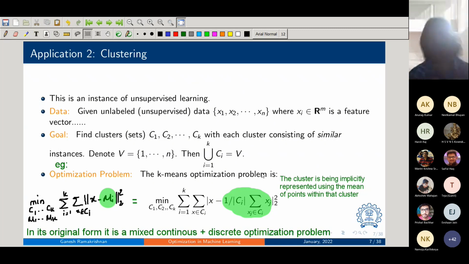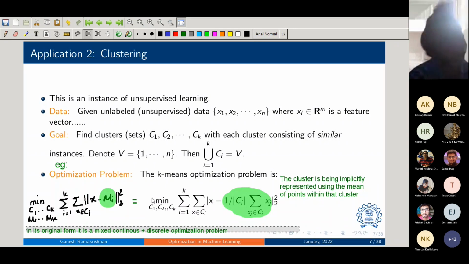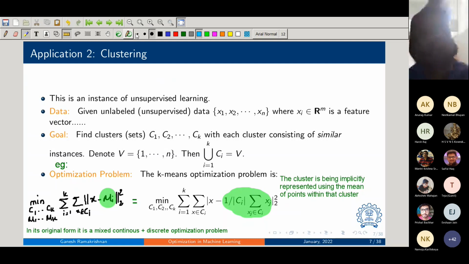Okay, and what turns out is that the discrete component is the Ci's, the continuous is the mu i's. Okay, so let's just highlight them. The determination of the mu i's is the continuous component, whereas the discrete part is the determination of the Ci's.